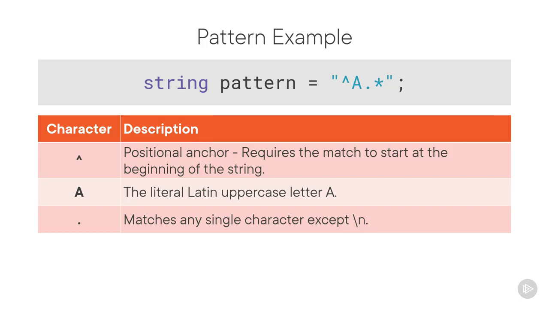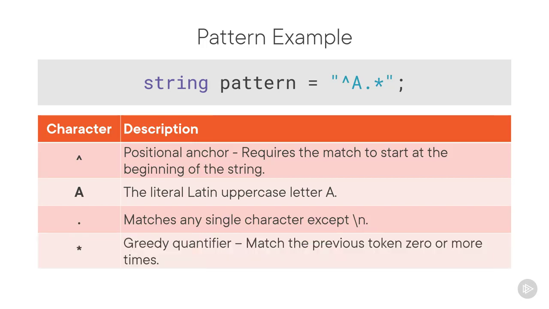We want to match any number of trailing characters, and that can be achieved by including the star metacharacter. The star metacharacter signals that we want the previous token, the period, to match 0 or more times. It creates something we call a greedy match, meaning that we want to match the longest possible sequence of characters that follow the uppercase letter A.